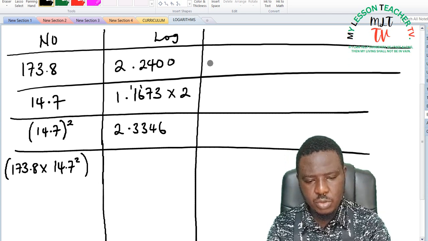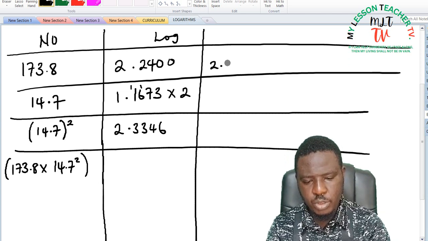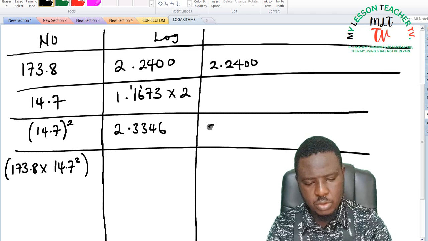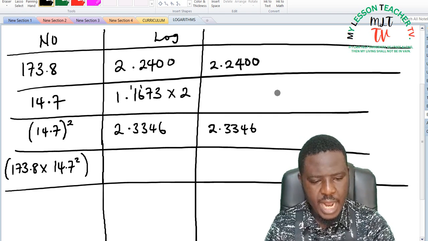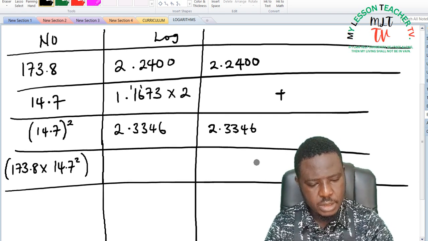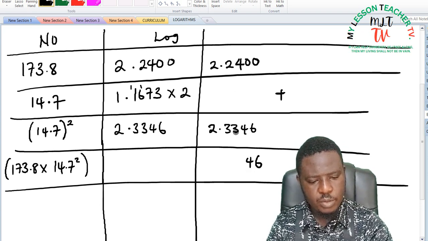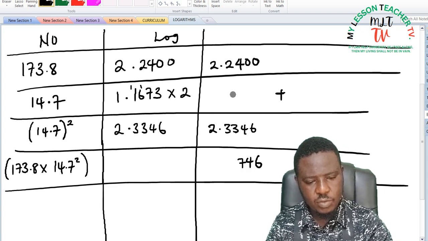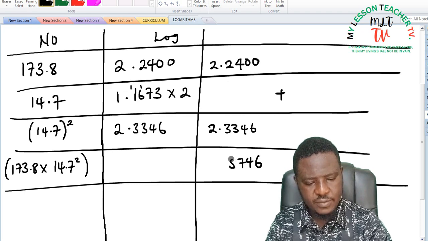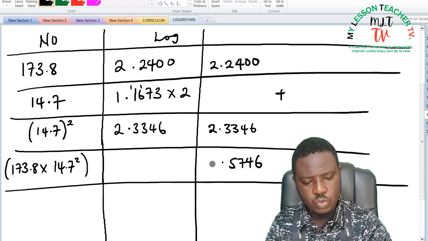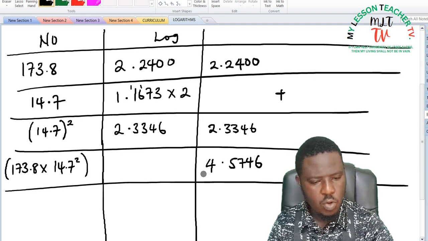So I'm moving it to the third column, which is 2.2400, and this is 2.3346. So we then add, this is said to be 6, 4 plus 3 is 7, 2 plus 3 is 5, and 2 plus 2 is 4.